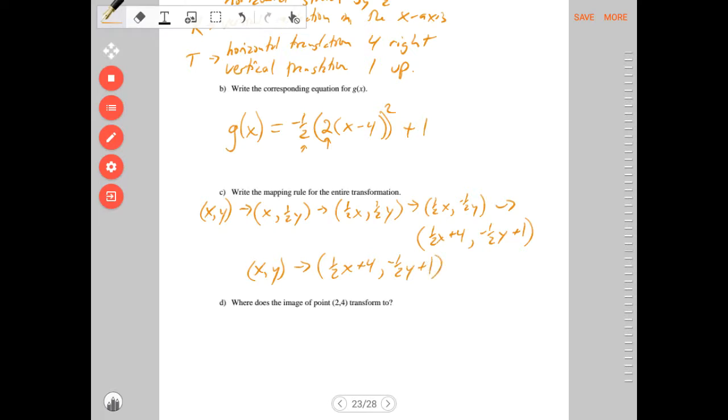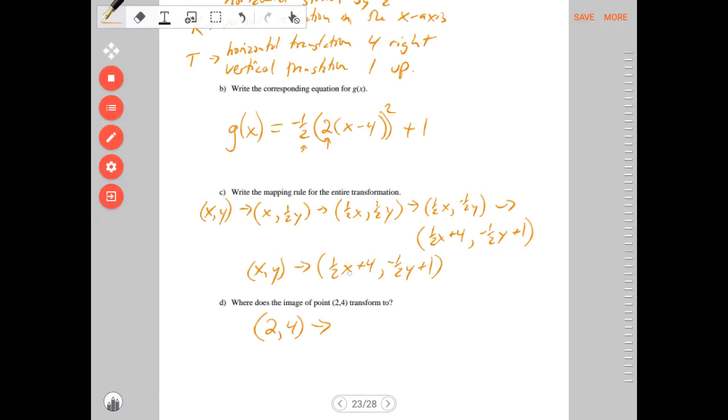Okay, and then now we're going to use that mapping rule and say, where does the point 2, 4 land? So if 2, 4 is on the original function, y equals x squared, where does it go now? Well, we just look at the mapping rule. So we go 1/2 times 2, a horizontal stretch by a half, so that goes to 1.